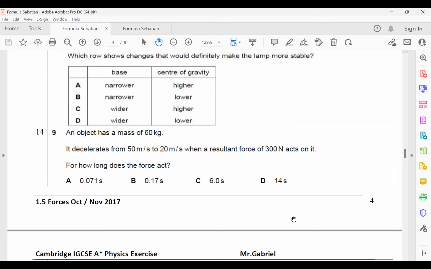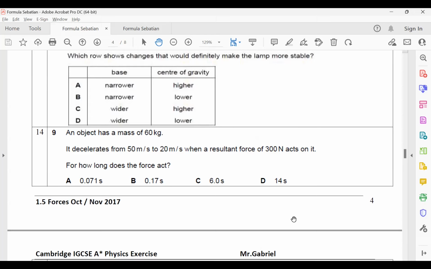In this scenario here, this 8 newtons is clockwise or anti-clockwise? Anti-clockwise. How about this one? Clockwise. So I know I have 2 anti-clockwise, right? So the formula will be F1 D1 plus F2 D2 is equal to F3 D3, right? Make sense?